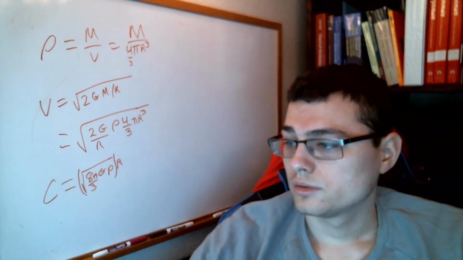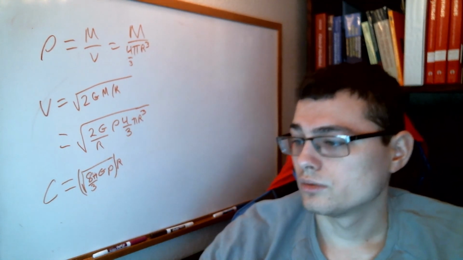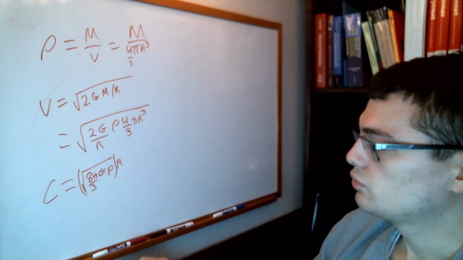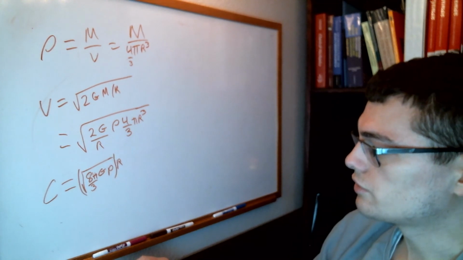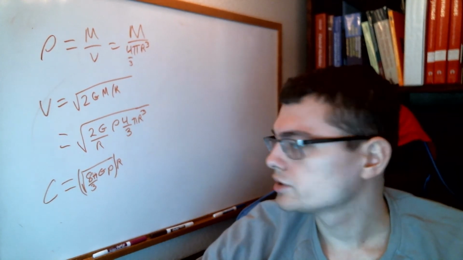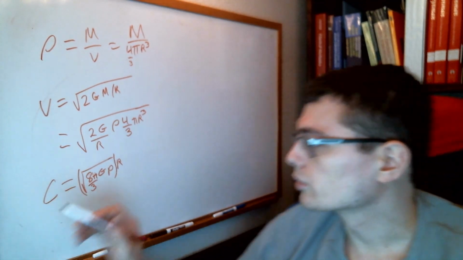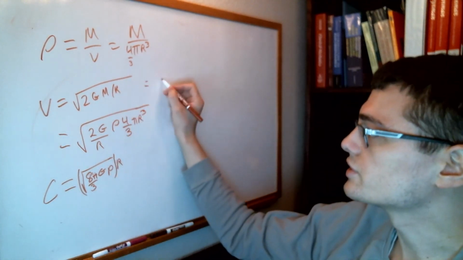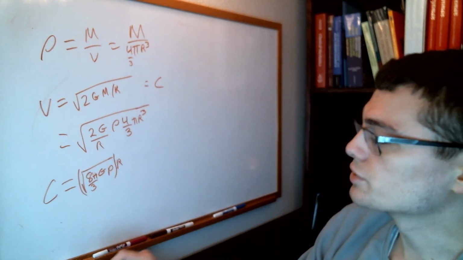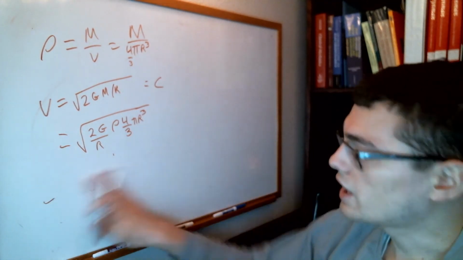When we set this equal to c, we'll solve for R here. Okay, we're not exactly solving for R here, but we're going to take this equation and set it to c. And then from here, we have to retrieve R out of this equation.